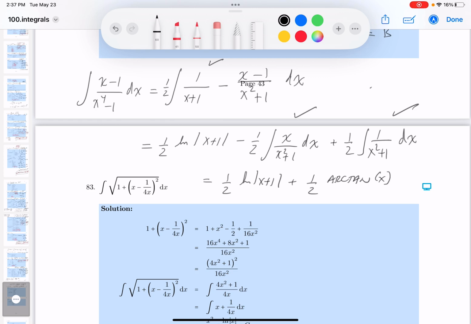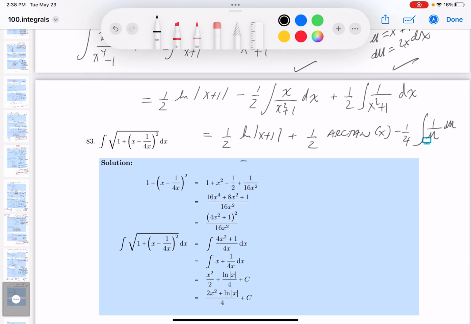What I mean by that, if u equals x squared plus 1, du would be 2x dx. I do see that. So let's write this down over here. You get minus 1/2, and x dx is a half of a du. I put a quarter over here, and the bottom would be u. And I think I'm ready to go on.